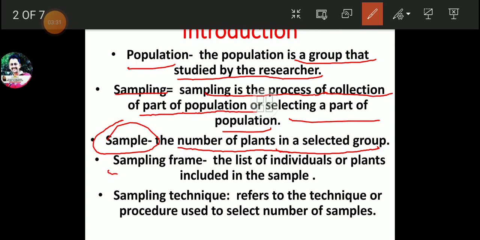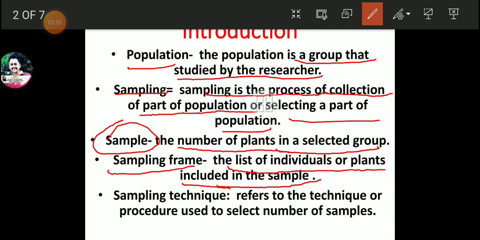Now what is the sampling frame? Sampling frame is nothing but the list of individuals or plants included in the sample.